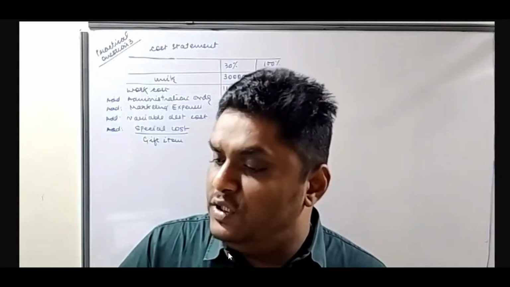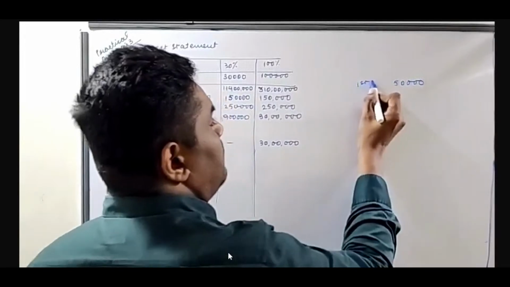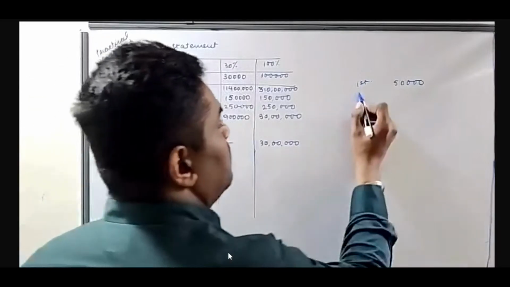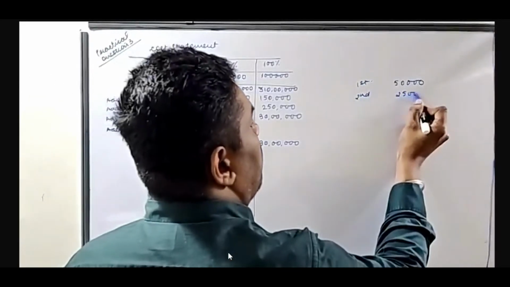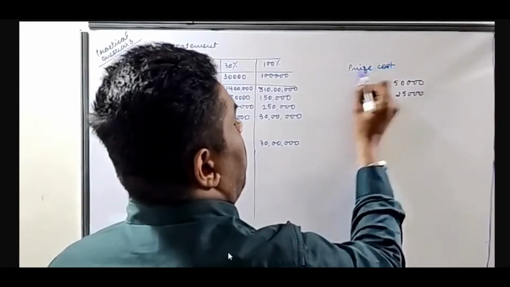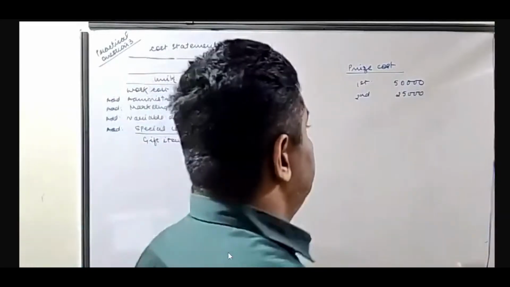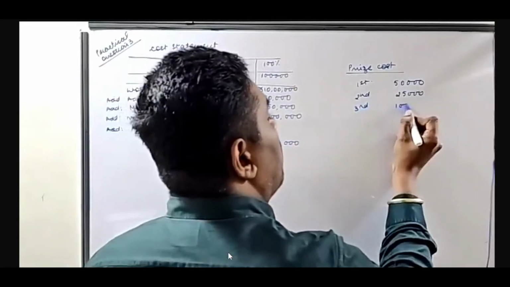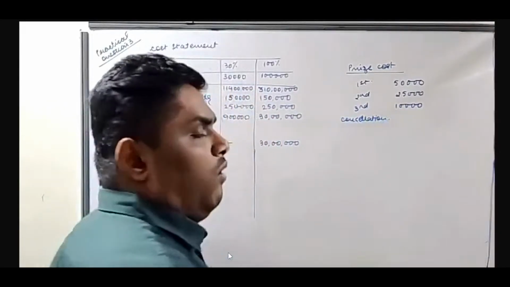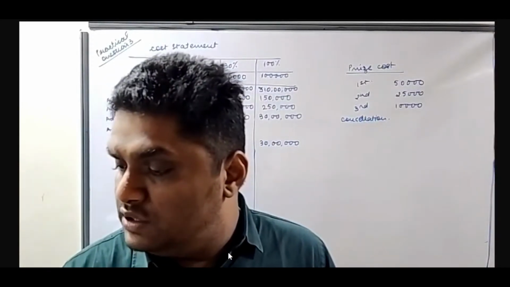Now the lucky draw, it is first prize is 50,000. The second prize is 25,000. The third prize is 10,000. And consolation prizes are 5,000 each to the customer buying the products, 3 consolation prizes.